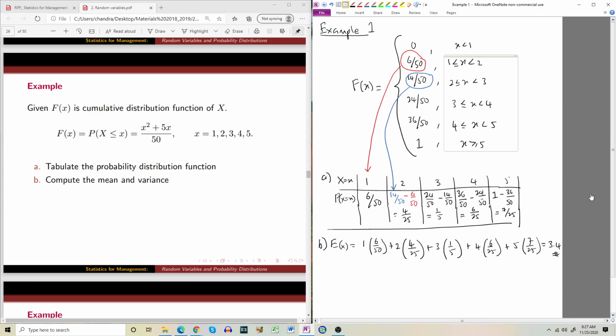Now if you want to find variance, for variance you need to find the expected value for x square. This one you can simplify 3 over 25 if you want. For x square, you have to multiply by all the square, so 2 square, just now 1 square.